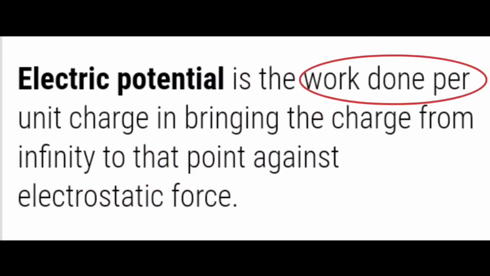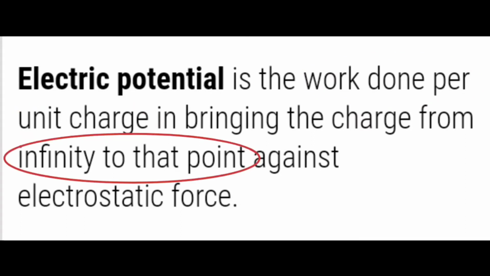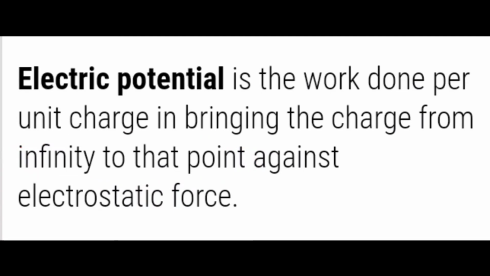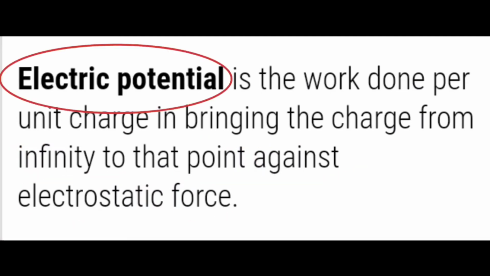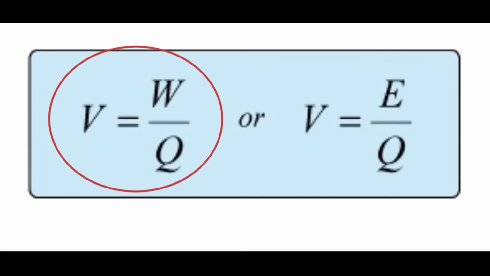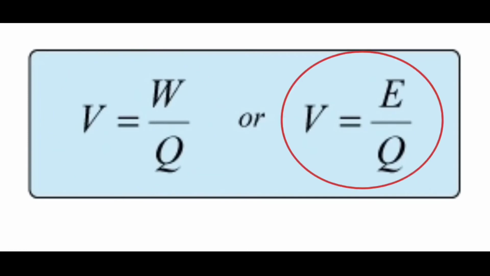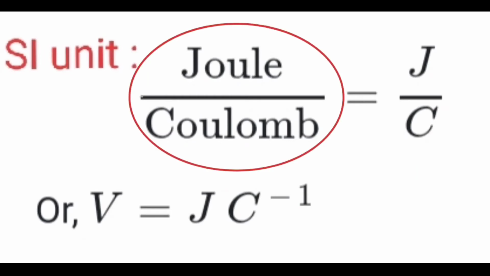So the work done to move a unit positive charge from infinity to a point in an electric field against electrostatic force is said to be electric potential. So electric potential V is equal to W by Q, or E by Q, where work done is equal to energy. SI unit: joule per coulomb, or volt.